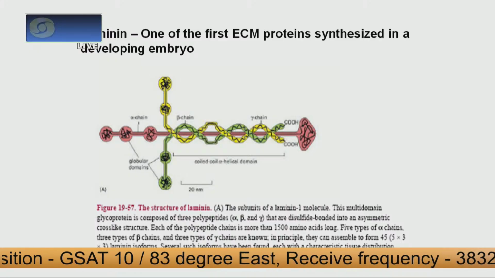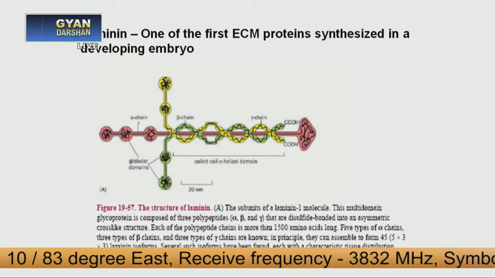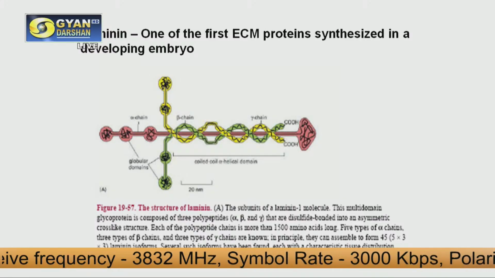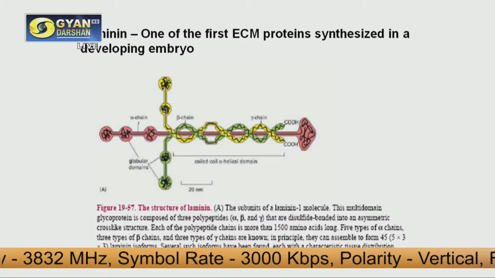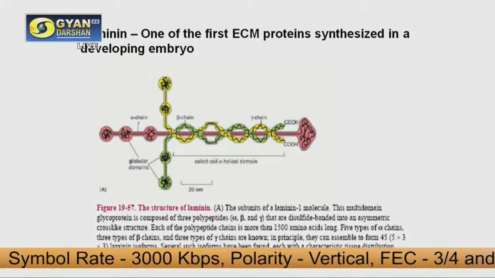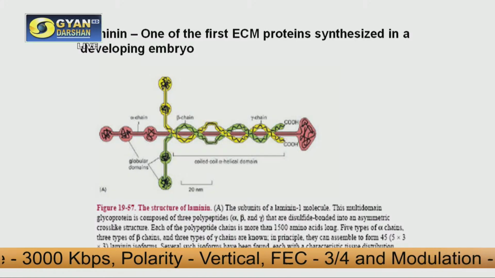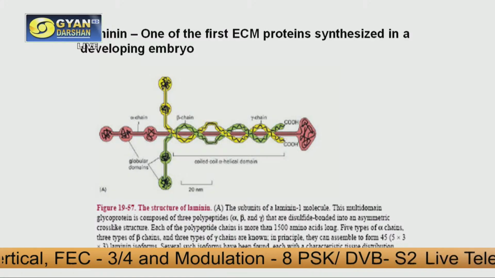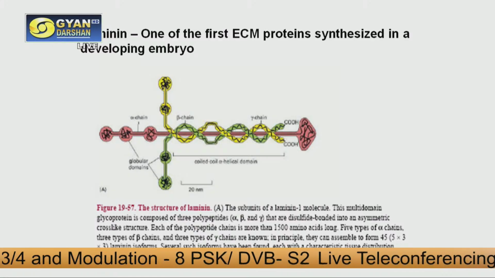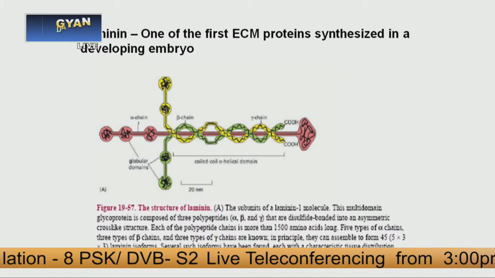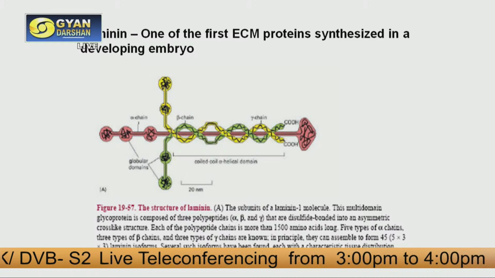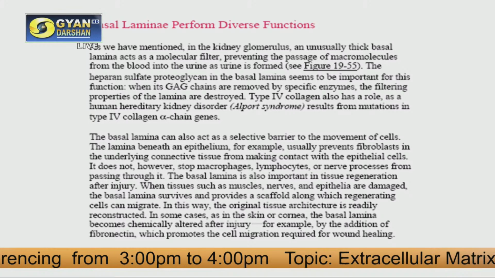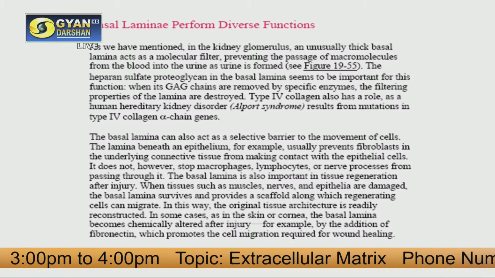That is 5 into 3 into 3, so 45 possible isoforms are available for laminin. Several such isoforms have been found, each with a characteristic tissue distribution. So this is the structure, and the basal lamina has diverse functions.